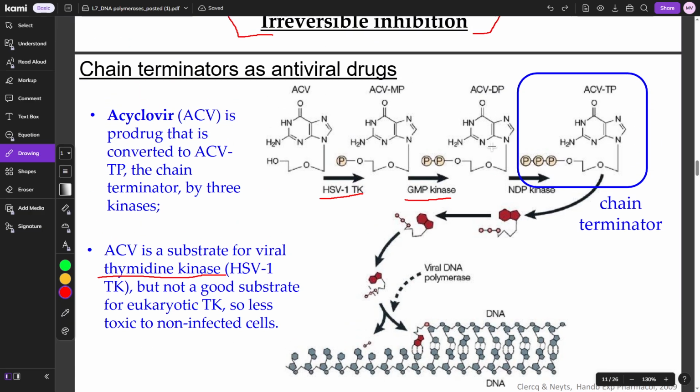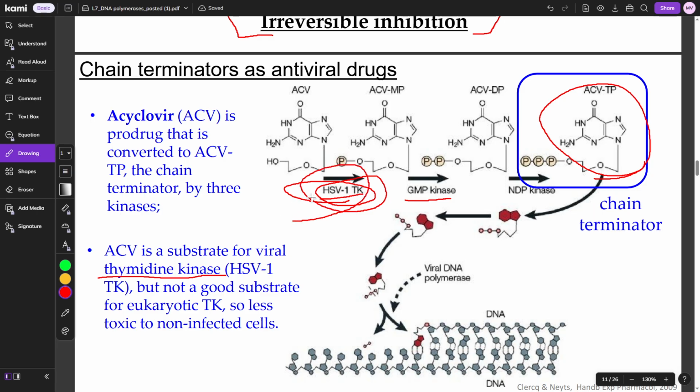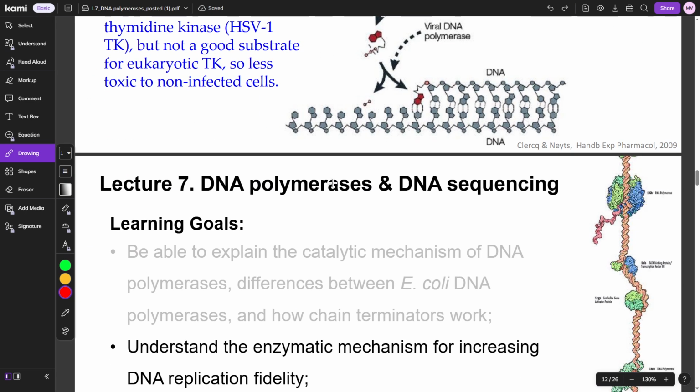But the main idea is that because there's no 3' OH on this structure here, once it's bound into the DNA, it's never going to work. The DNA is not going to continue growing, and this works really well in virally infected cells, because virally infected cells have this HSV-TK, while other normal cells don't. So it's targeted specifically for those viral cells.